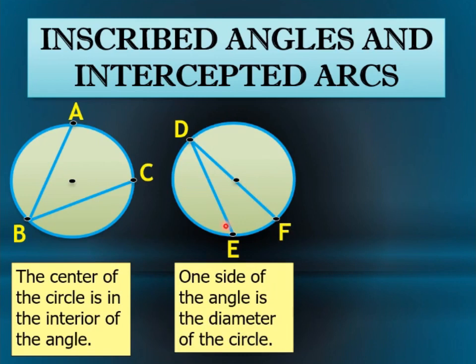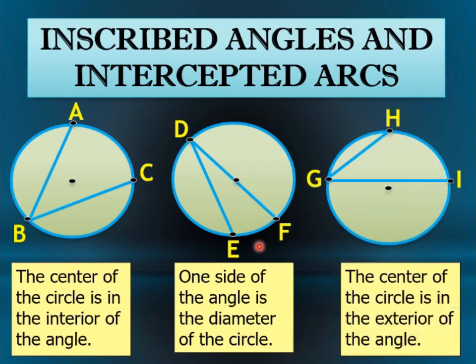Angle FDE is an inscribed angle, and one of its sides, the line segment FD, is a diameter of the circle. The center of the circle is in the exterior of the angle. Angle HGI is an inscribed angle, and the center of the circle is in the exterior of the angle.